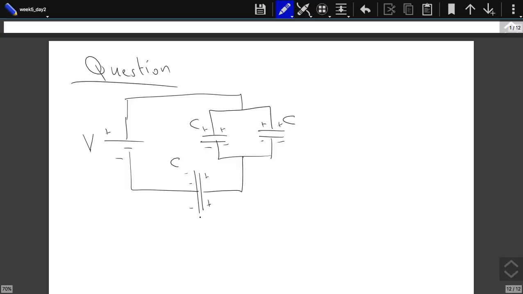Okay, so let's just say that this is Q. This is minus Q, so this will be plus Q. Well, if this is plus Q, these will be minus Q over 2 and minus Q over 2, sorry. And plus Q over 2, plus Q over 2. Do you agree?